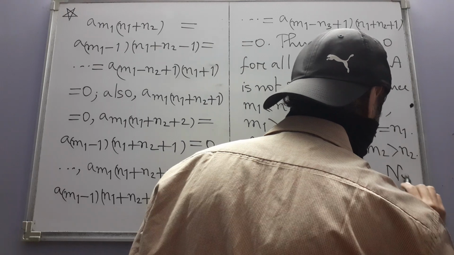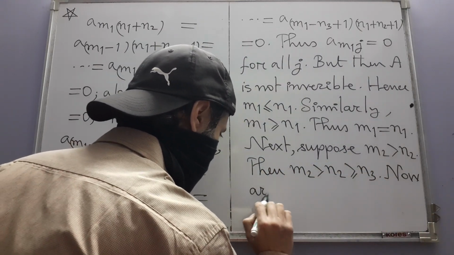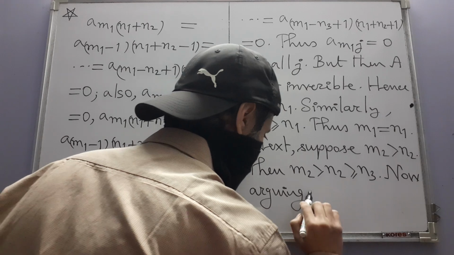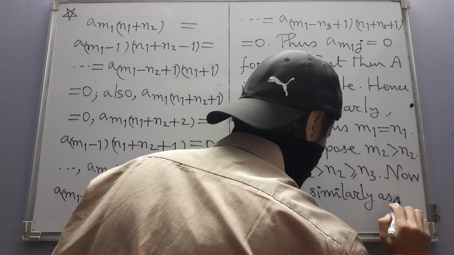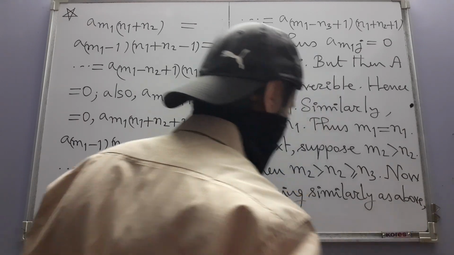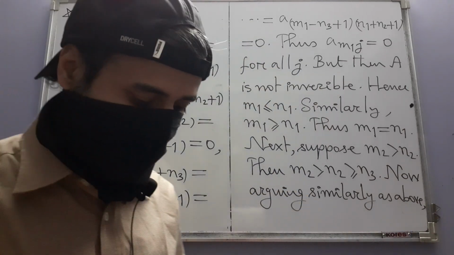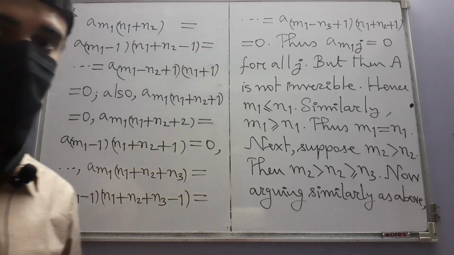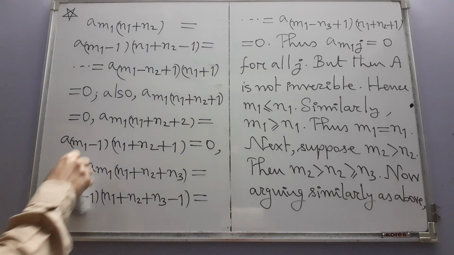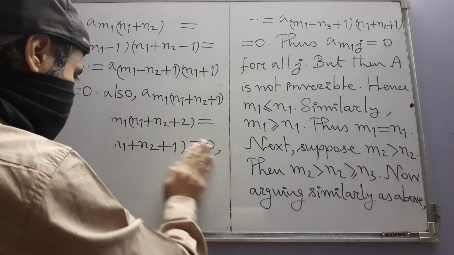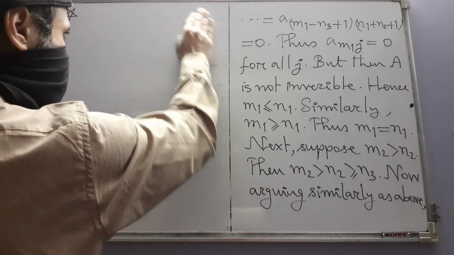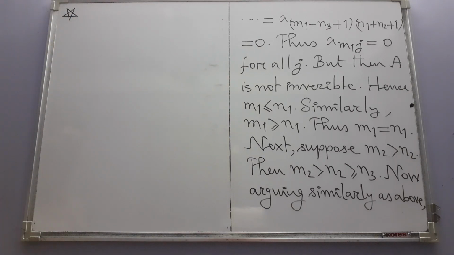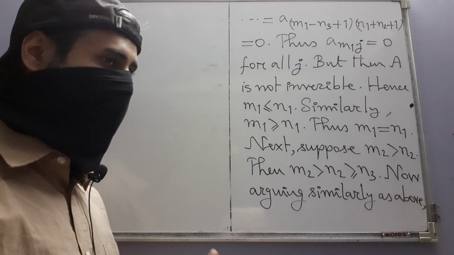Now, arguing similarly as above, one can show again that a row of the matrix A is 0, but the question is which row? This time the row is row m1 plus m2.